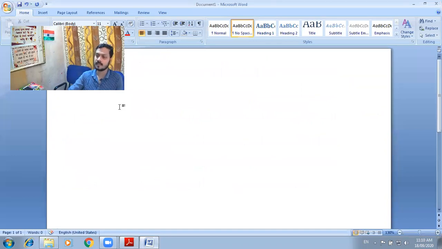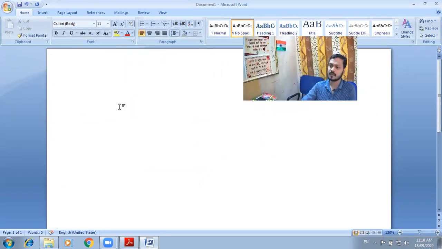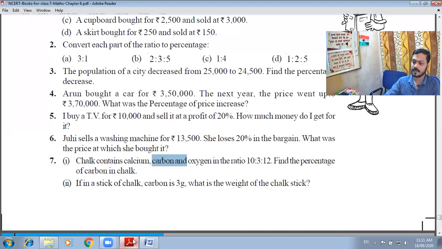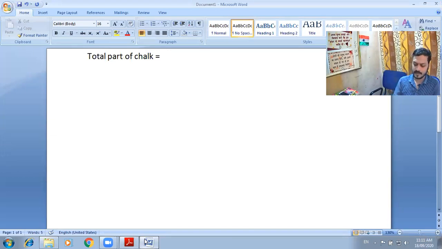See here. Write the total parts of chalk equal to, okay, what are the ratios? 10, 3, and 12.